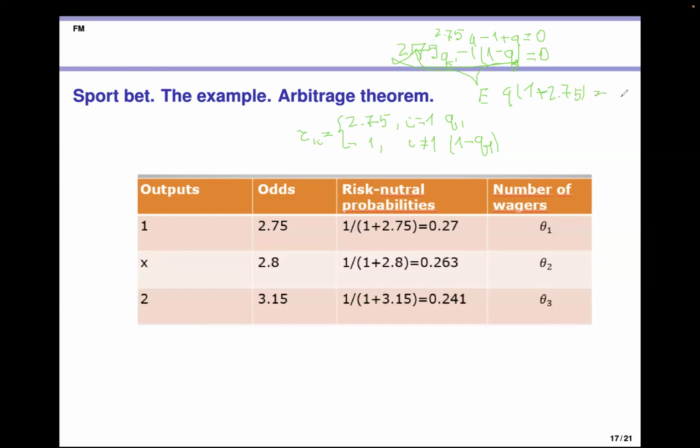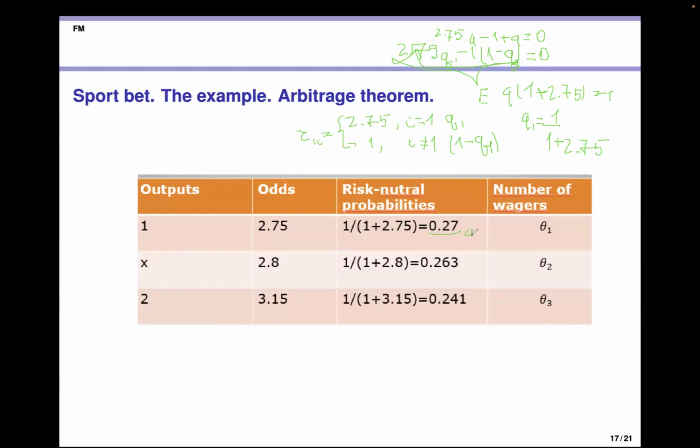Yes, thank you. So this Q1 equals 1 divided by 1 plus 2.75.